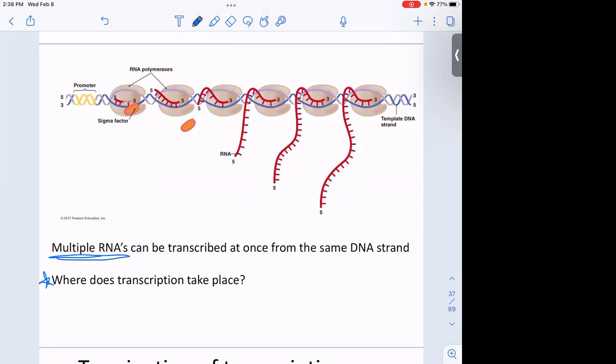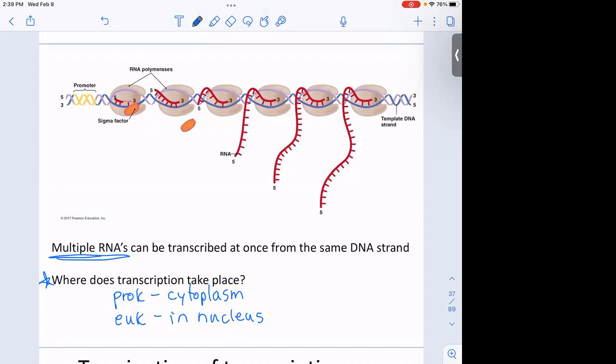It's going to take place wherever the DNA is. So for prokaryotes, that's in the cytoplasm. True, the nucleoid region, but we still consider that the cytoplasm. And of course, for eukaryotes, that's going to be in the nucleus. So transcription is going to happen wherever the DNA is. The DNA has to be there.